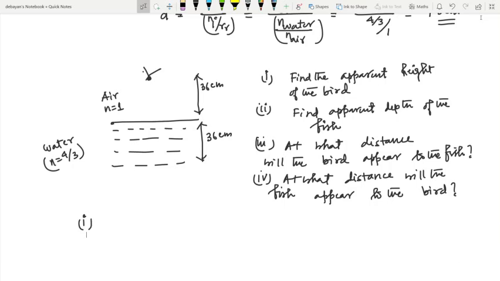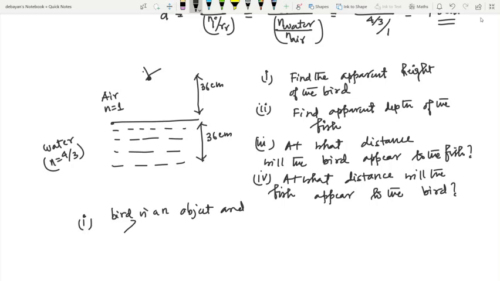Okay, so first comes 48 because, as you said, the bird is an object and the fish is the observer.